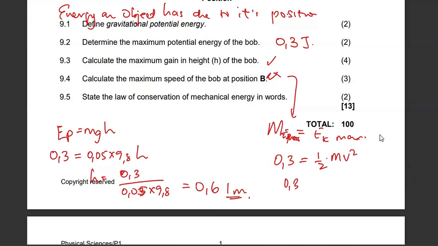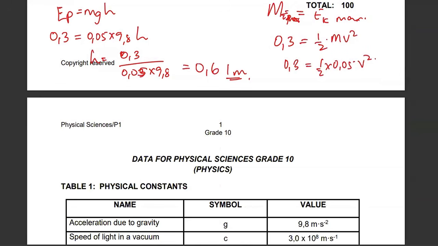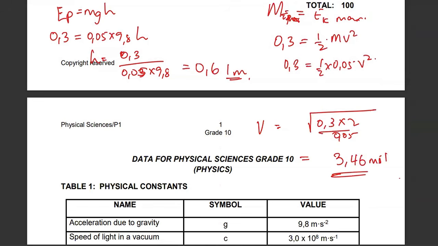Then 0.3 should be a half the mass. You got 0.05 multiplied by v squared. And then if you do your magic, move everything to that side, it's going to be the square root of 0.3 times 2 over 0.05. And this gives me a 3.46 meters per second.